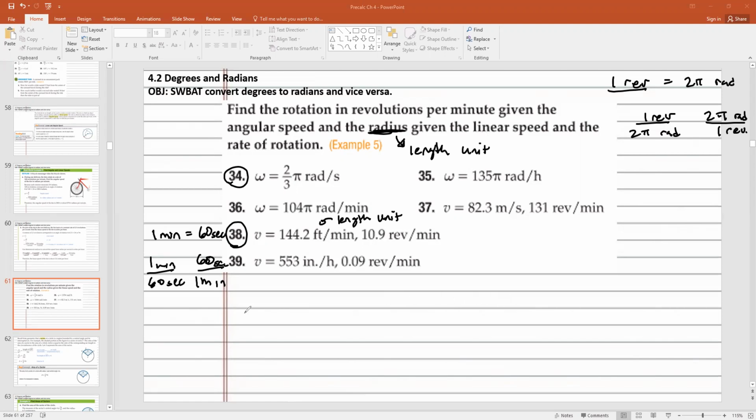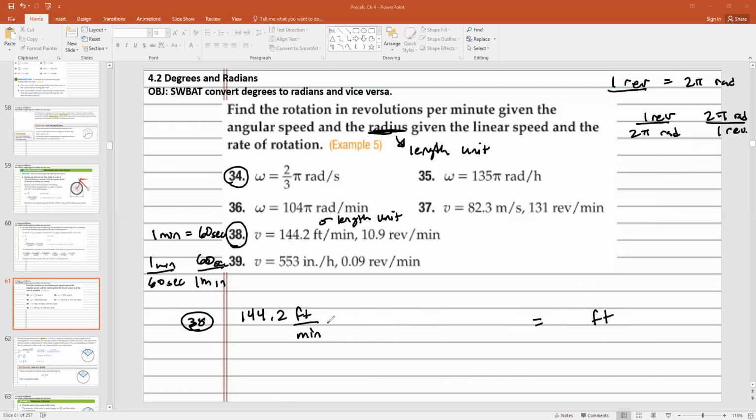So we want to change those units. Sorry, everybody. All right, we want to change this to just feet.